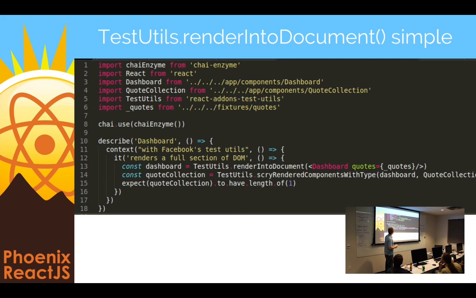So you can declare variables within these blocks, and that scopes it to that set of tests, okay? But it's supposed to be readable for humans. Here, I'm going to describe this test. Here's a context. So here, my context is with Facebook's test utils. Another context might be with Enzyme. And you can see, okay, you've got this context, context, and context.